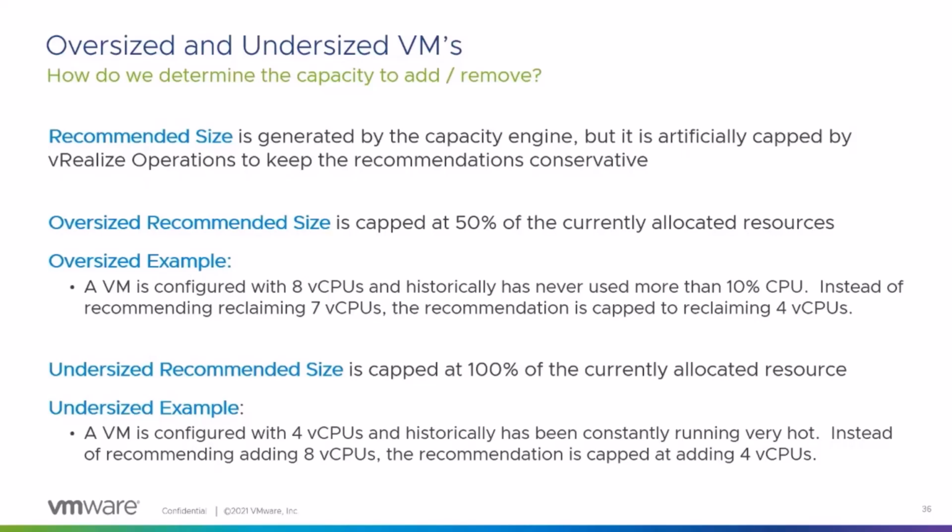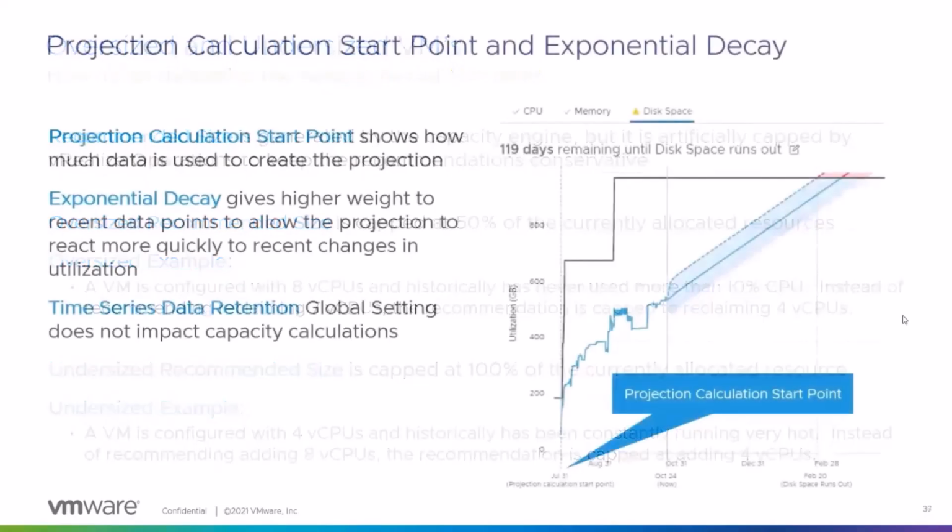So if you have a VM with 4 vCPUs, you won't see a recommendation above 8 CPUs. It would not tell you to add more than 4 CPUs to a 4 vCPU VM. Again, this helps you gradually get up to the right size without making really large changes.